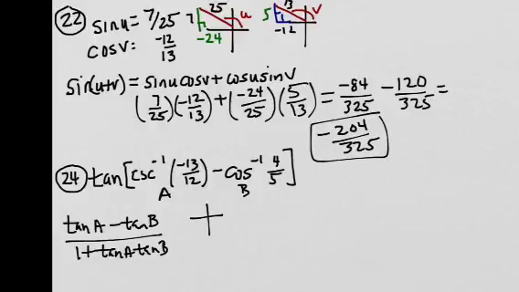Well, because it's a cosecant inverse, and it's negative, you know that the angle is going to be in quadrant 4. And so you have 13 for the R, negative 12 for the Y. So then that means that the X is positive 5. Okay? So this is for A.